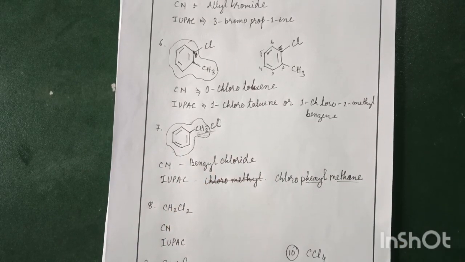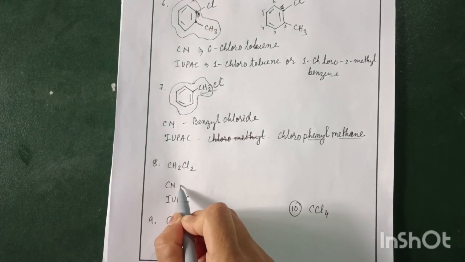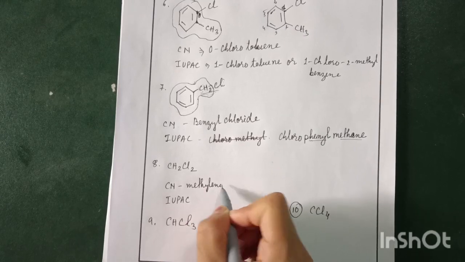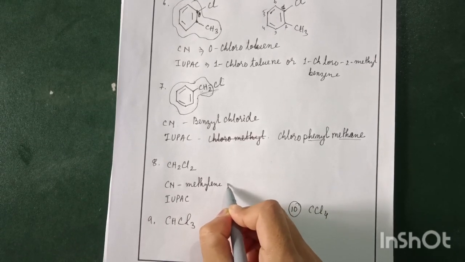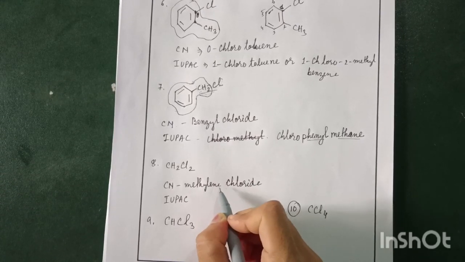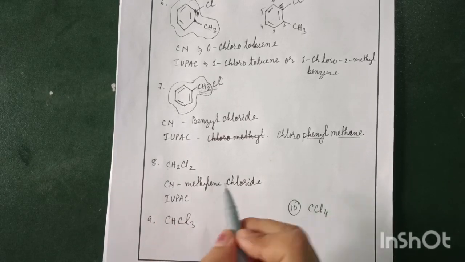Now let us go to the next one. This CH2 is called methylene, methylene dichloride, or methylene chloride. Whenever we say methylene, that means it will be chloride, with two chlorines.